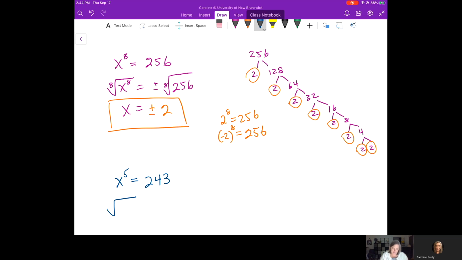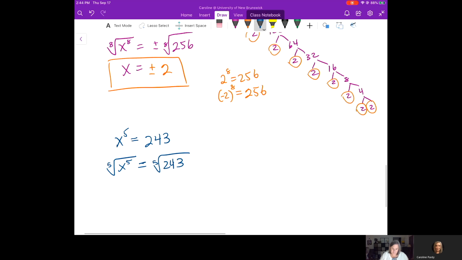So with an odd root, you would take the 5th root of both sides. This will be just whatever this works out to be. And I did work it out on my calculator. It divides by 3. So 243 divided by 3 is 81, 27.